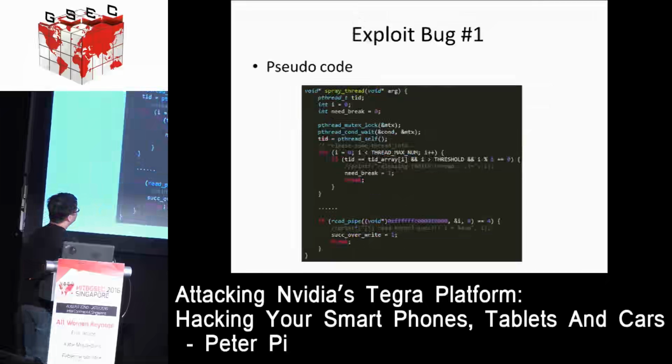So this is the spray thread. Each thread will check the TID by comparing with the TID array received, and we can see the code checks whether the index of the thread is bigger than the threshold or not, and only 1 out of 6 will be freed.